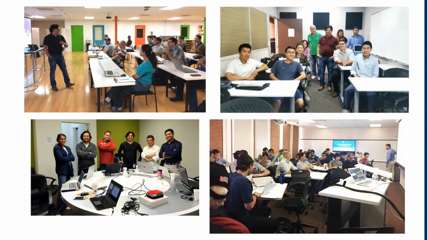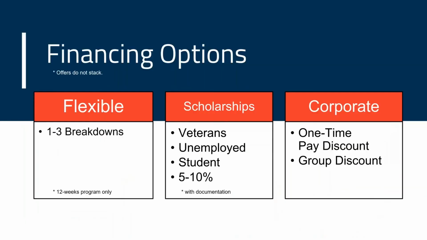Yeah, we obviously have financing options, because education should always be accessible in terms of finances. So we have options such as flexible breakdowns. We can break down your payments up to three if you're happy with three.